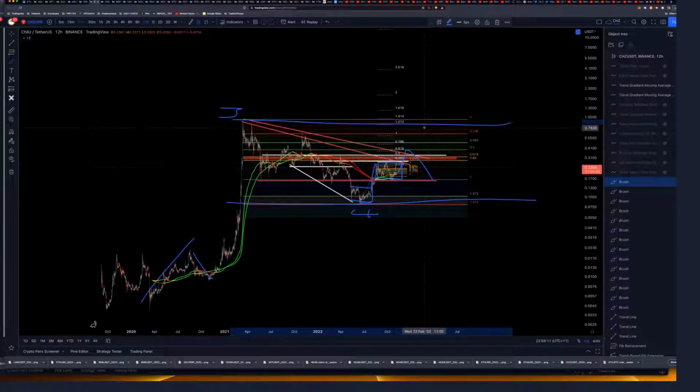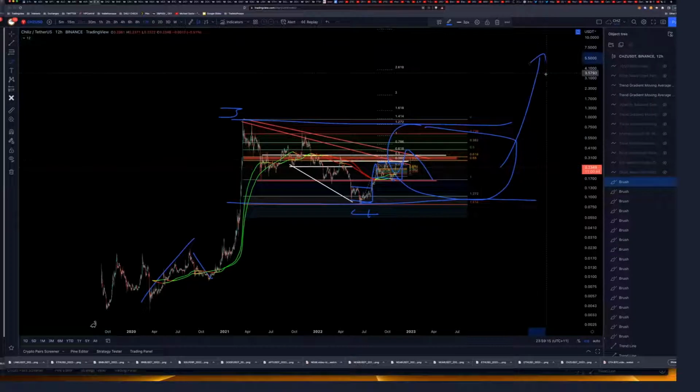Whatever it does in the middle, eventually it's going to continue up. So if it drops below this level or the 618, then I'll say it's invalidated as a wave 3 and 4. But to me, this is a macro continuation reaccumulation pattern.